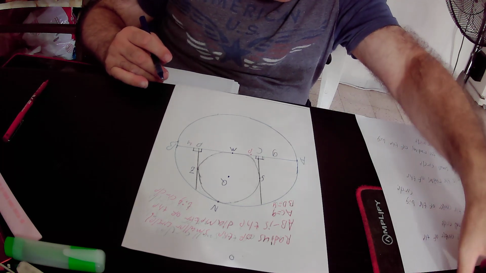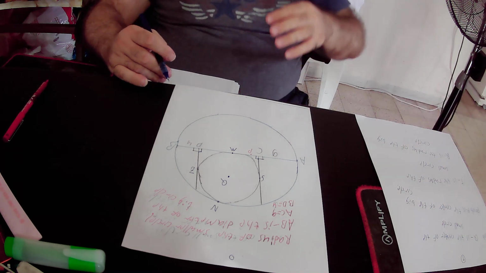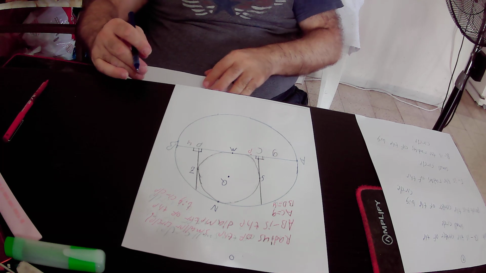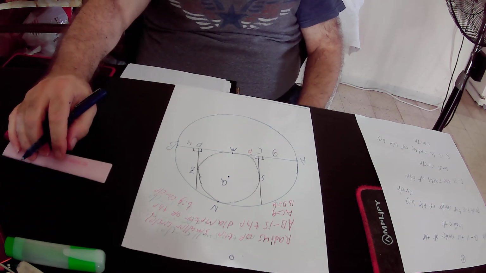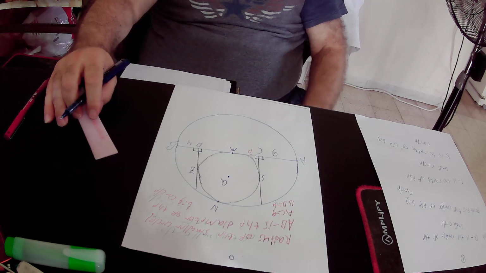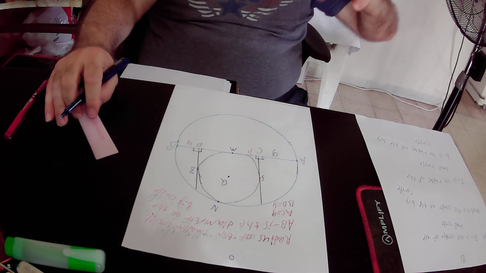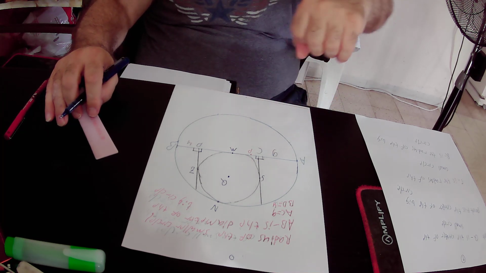Okay, so in the next step I will draw 3 radiuses of the small circle. Those radiuses will exit from the center of the circle and will touch the tangent points of the circle.